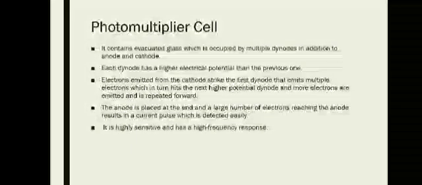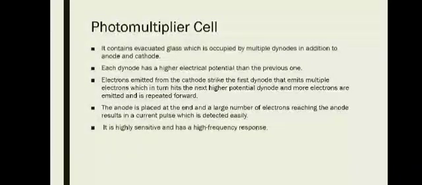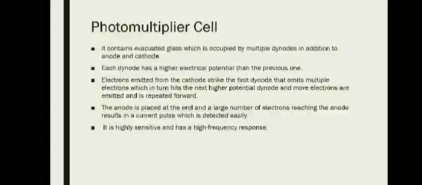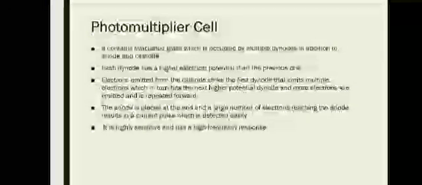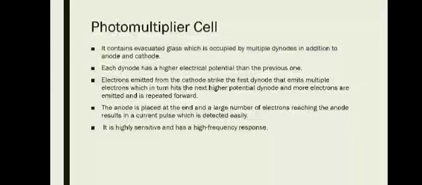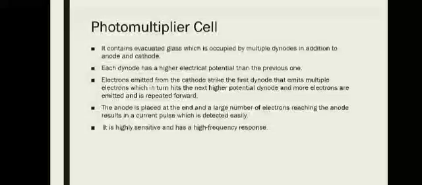Now the last one, photomultiplier cell. It contains evacuated glass which is occupied by multiple diodes in addition to anode and cathode. Each diode has a higher electrical potential than the previous one.